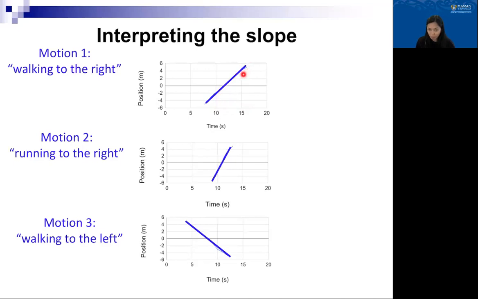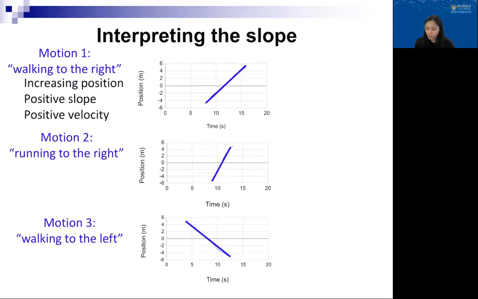It's going to the positive numbers. Very good. You're starting from, for example, -4 and you're going to positive numbers. That means that your final position minus your initial position will give you a positive number. You are increasing your position. And if you calculate the slope here, you'll have a positive slope.